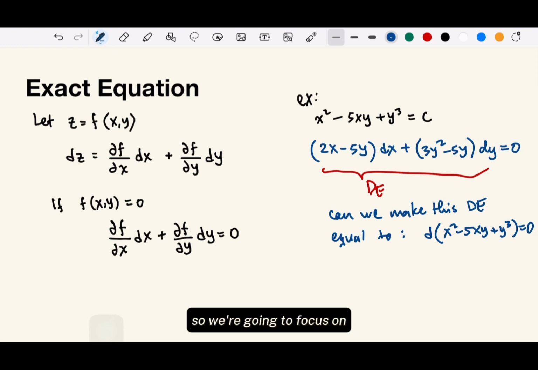So that's the idea. We are going to focus on a differential equation whose structure is precisely like this. We have some expression on this dx, and dy has some expression here. So that is the structure for general exact equations. We call this an exact differential.